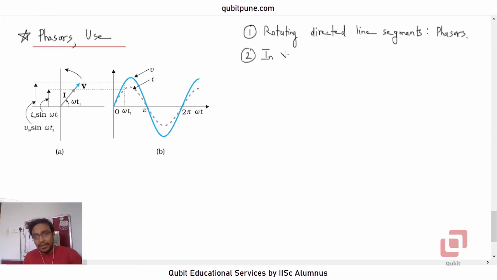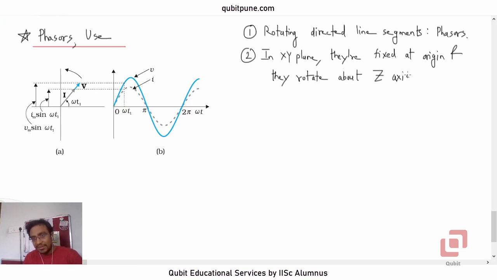In the xy plane, they are fixed at the origin, and they rotate about the z-axis. We don't show that, but it is understood that they rotate about the z-axis.